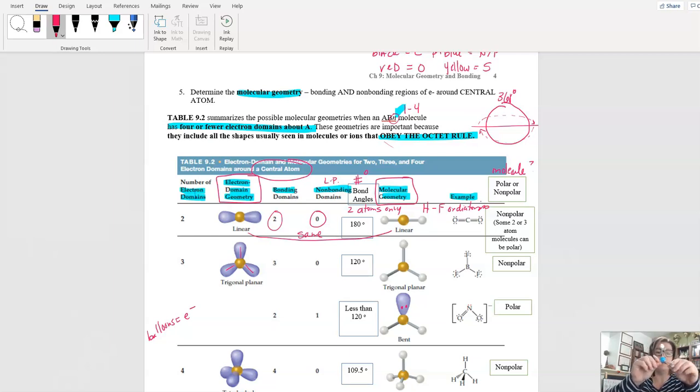Planar means flat. And I can't make this guy really truly go flat because I'm using the wrong color of the bond, because this is for nitrogen. But usually trigonal planar, if you had 3, planar means flat. So if I actually put this on a board, or paper, or my hand, it should literally be flat on the table.